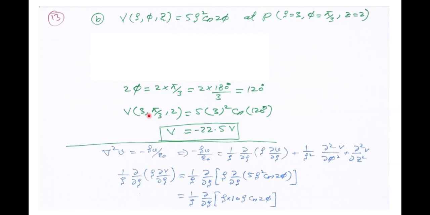So at the given point in the problem, the potential comes out to be minus 22.5 volt.